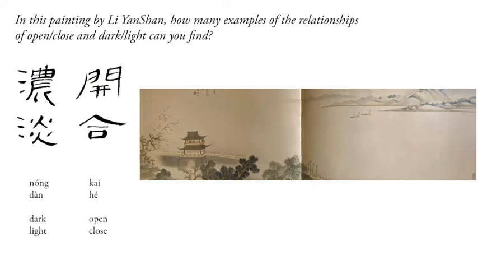Again, looking at this horizontal piece with buildings, trees, wall, some distance, mountains and shoreline and boats, where can you find areas where the artist is using dark and using light? How does that contrast get created? Where is he using elements to close an area, or the lack of elements to make it open or more spacious?